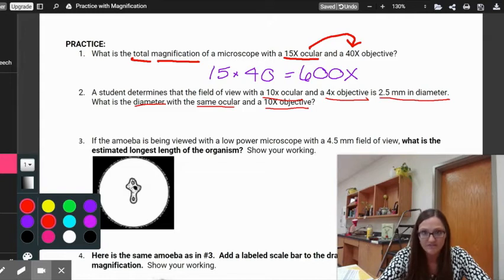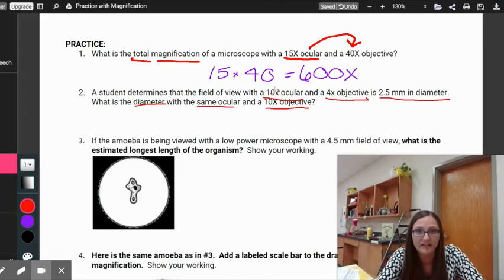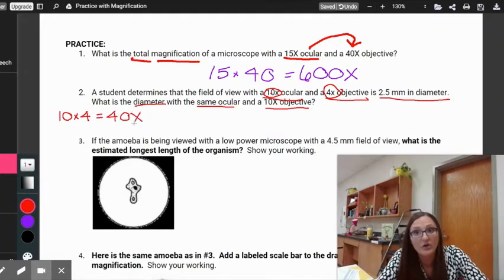So first things first, you're going to want to take that 10 right here and multiply it by that 4, and then you'll get your low power. So 10 times 4 is 40, okay? And that's going to be your low power. And then we will take this objective here, and it will be the ocular times the objective.